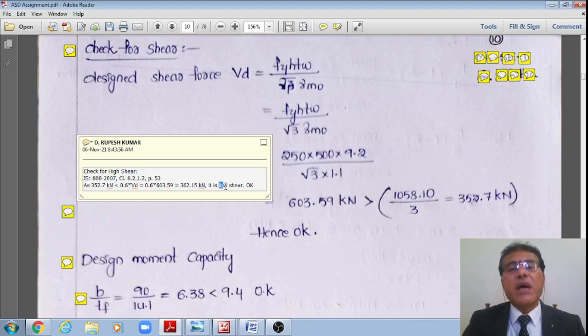Therefore, it is a case of high shear. However, you please see that there is a small change in this value. 352 is just close to 362, right?